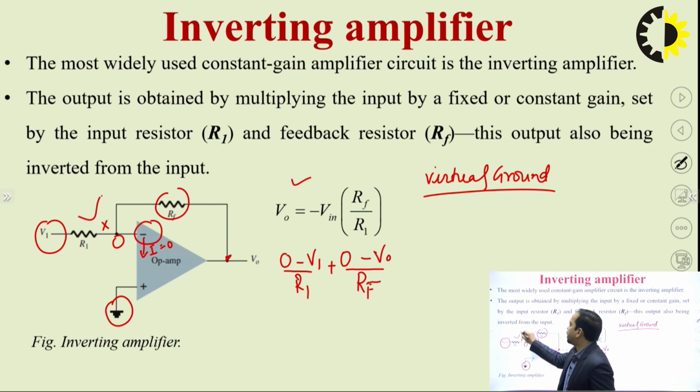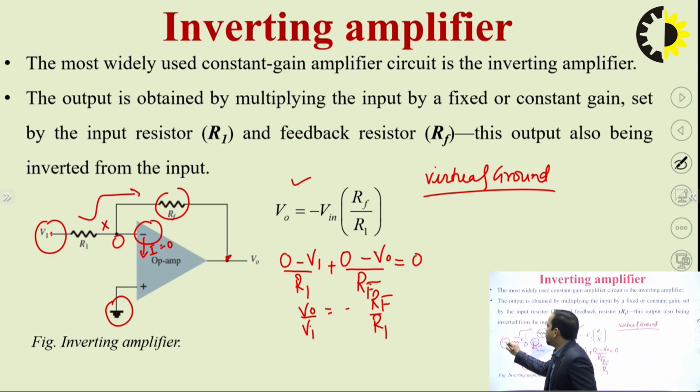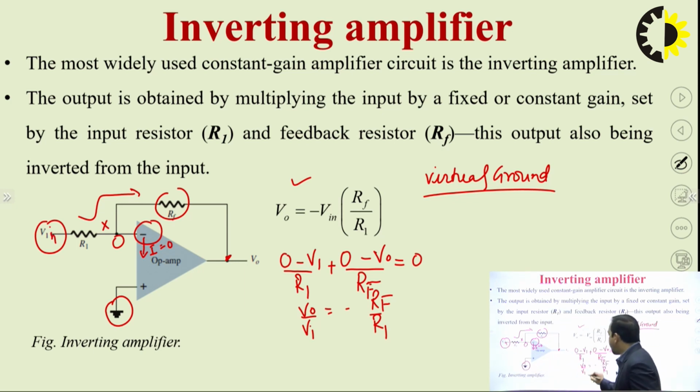That means whatever the current is here, that will be bypassed through the feedback resistance RF. So this is equal to 0. If we further simplify, V0 by V1 equals minus RF divided by R1. Or if we denote this as V in, we have V0 divided by V in equals minus RF by R1.